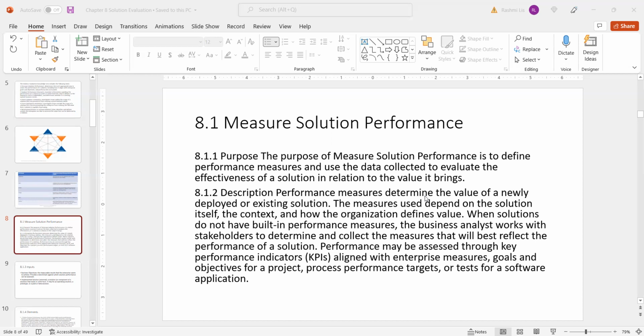So, as an example, you need to gather requirements for a brand new website. Your KPI, which is a key performance indicator to measure the solution performance, could be customers. As far as customer retention and customer attraction, those are the sorts of KPIs that you want to target.